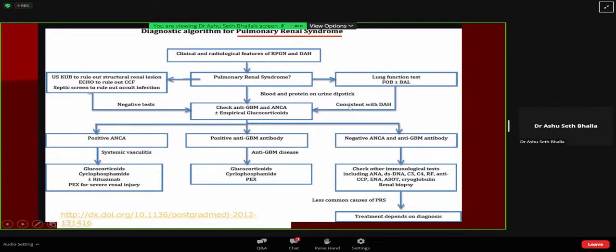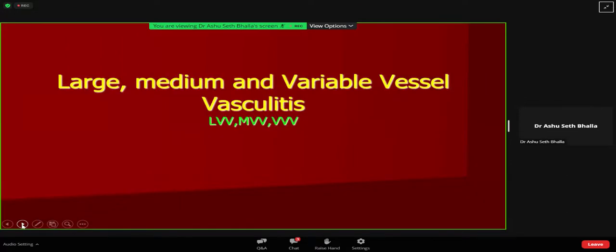Whether your lung picture is or is not consistent with DAH, and a simple urine dipstick showing blood and protein, the combination of these 2 will give you a diagnosis of pulmorenal syndrome, and then you proceed to see whether it is ANCA associated or anti-GBM antibody associated, and then which type of ANCA. And a BAL is required for definitive diagnosis of DAH, but is obviously not done in all patients and not indicated if clinically and serology-wise the picture is matching.